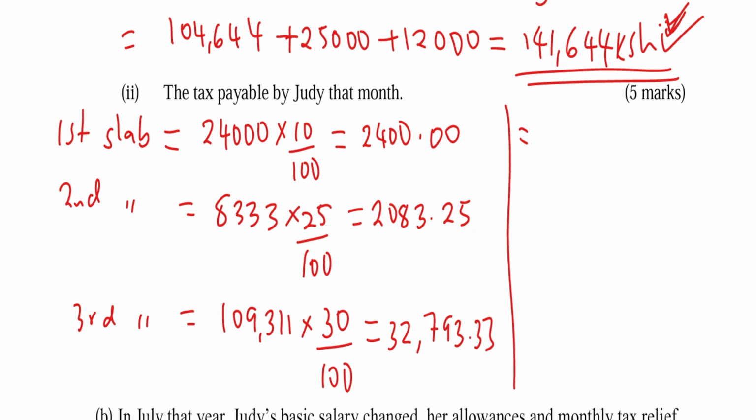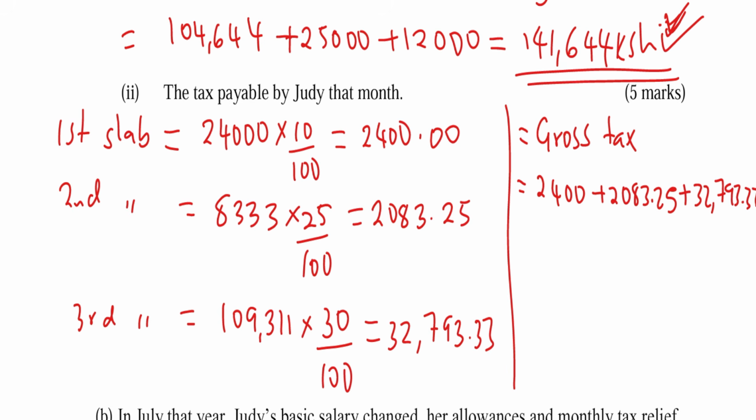Now let's add all of those up. You need to find the gross tax before even the tax payable. This tax payable is usually the net tax. So the gross tax is equivalent to 2,400 plus 2,083.25 plus 32,793.33.